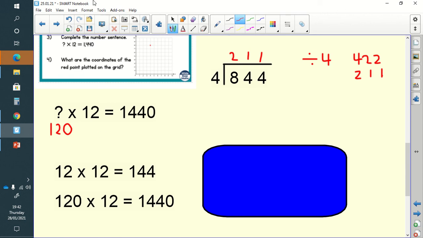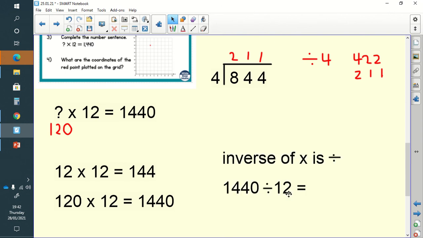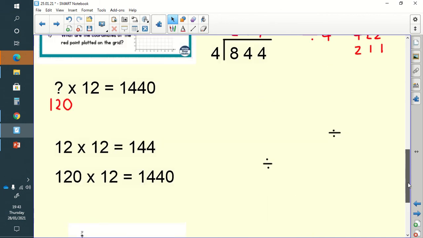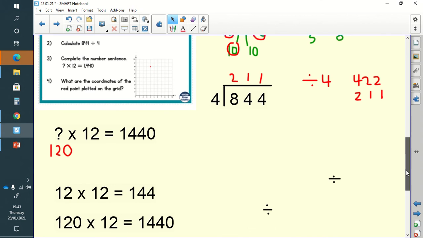Okay, now this question to do with coordinates is ahead of our next unit of learning because we're going to be looking at position and direction. I've made the coordinates grid a little bit bigger.